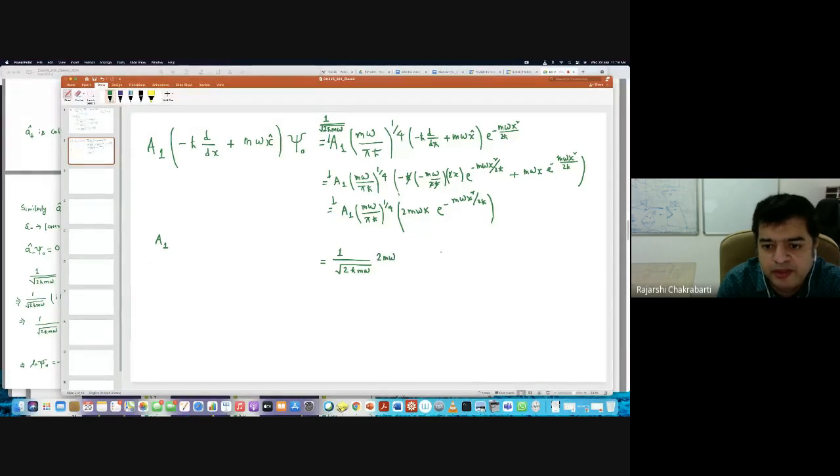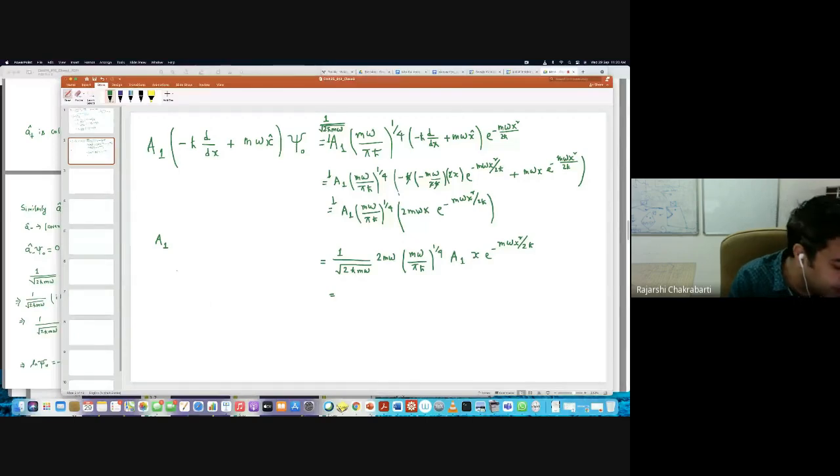You have the x thing, of course, but then you have m omega by pi h cross whole to the power 1/4 into a1 into x. This is exactly what you have, and this will give you what? So m omega will cancel partially, no? Okay, we'll do it later.